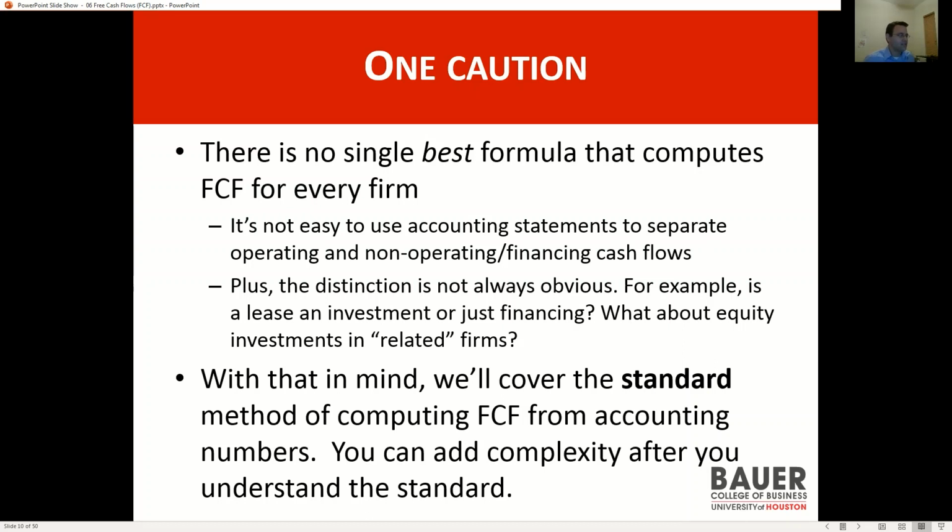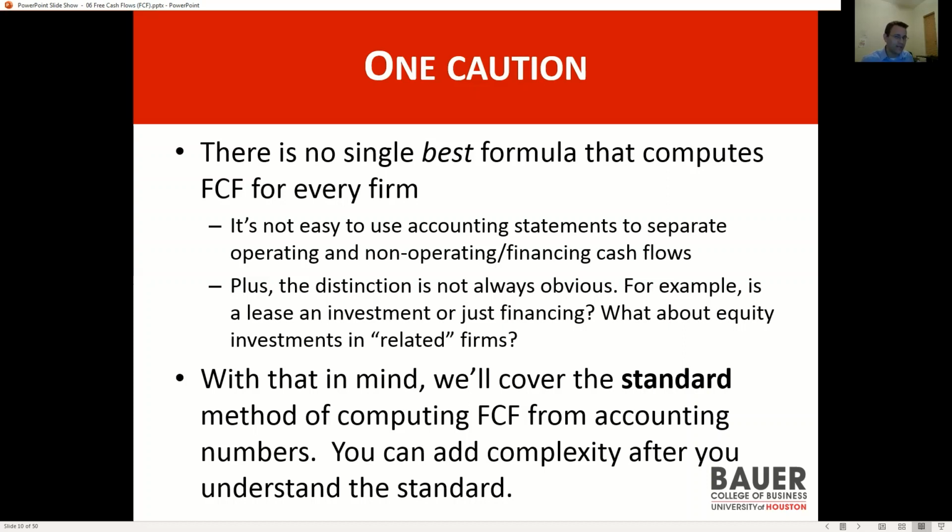And likewise, sometimes even for a company that is not a financial, it's still hard to draw a line. So the classic example here are leases. So think about if you lease a car. Well, is that a financing item? Because you're borrowing the car, but you're also using it, you're operating it. So is that an operating asset? Is that part of your operations at that exchange?